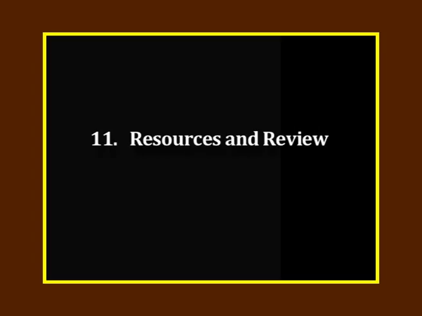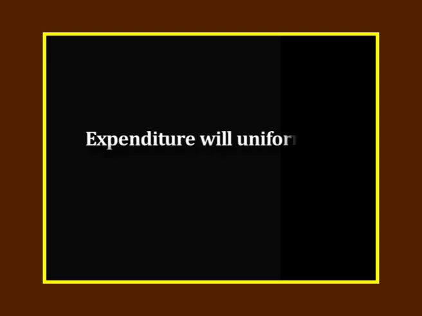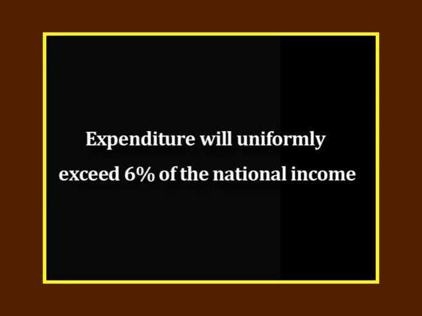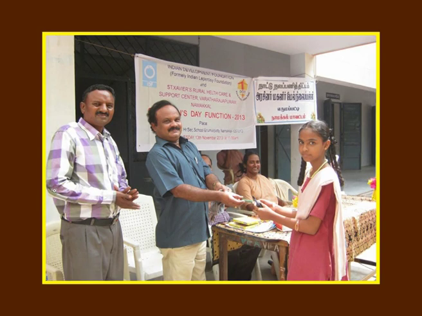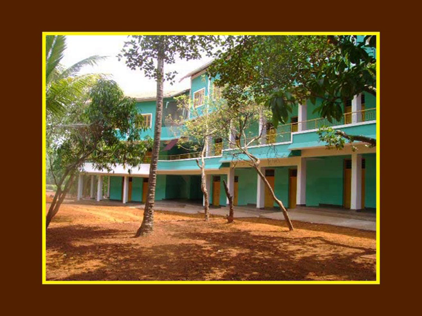Resources and review. It will be ensured that from the 8th five-year plan onwards, expenditure will uniformly exceed 6% of the national income. Resources to the extent possible will be raised by mobilizing donations, asking the beneficiary communities to maintain school buildings.